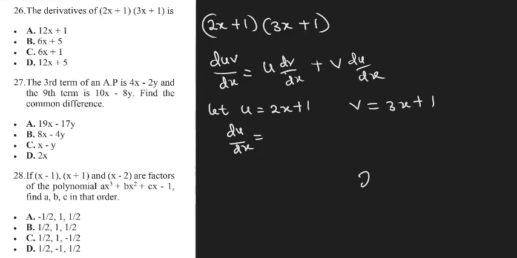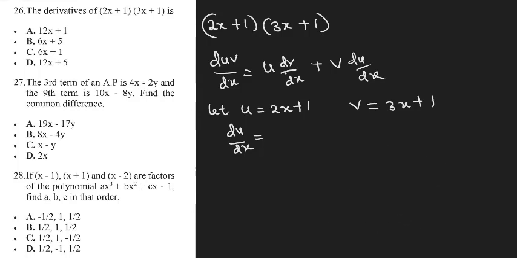If you have 2x raised to power 5, let's assume, you're going to multiply this 5 by this 2, so it's going to be 5 times 2, then you subtract 1 from the power, so it's going to be x raised to power 4, which is 10x raised to power 4. So that's what you're going to use. You multiply by the power, then subtract 1 from it, right?